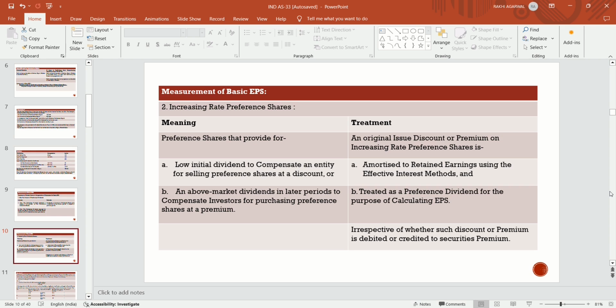After 5 years or 10 years, if the company grows to a position where they will be able to declare dividend, they will give the dividend to the investor. But at the initial stage, they won't be able to give dividend. So what they do, they issue preference shares at a discount. It will benefit the investors and the company also.